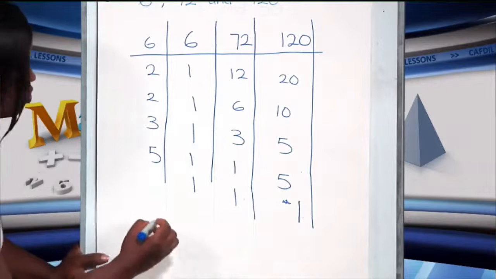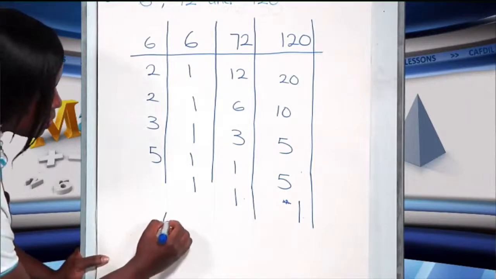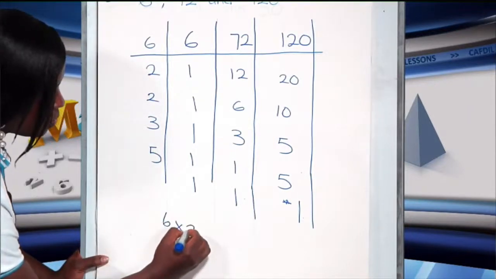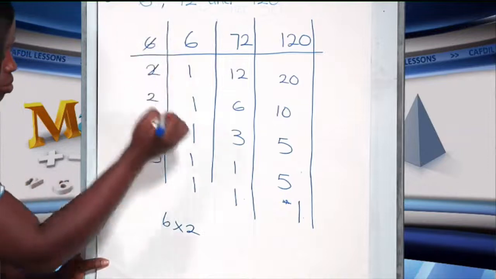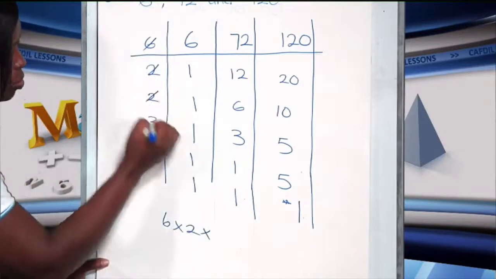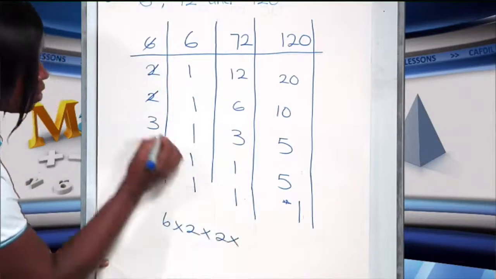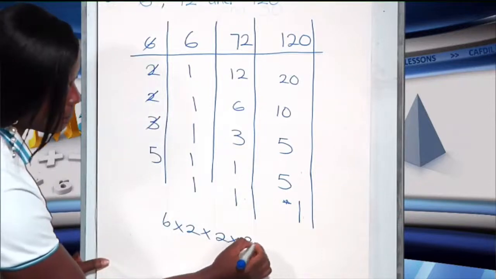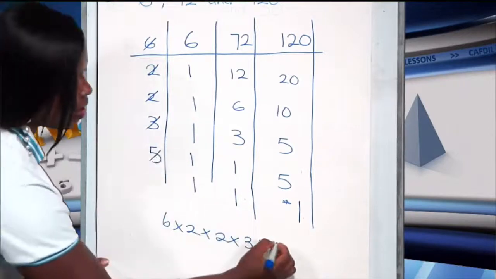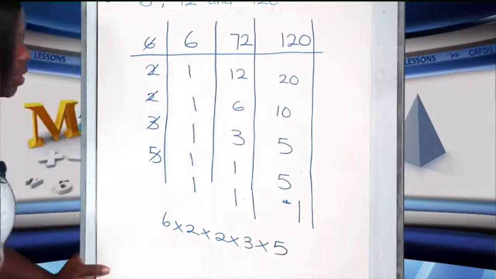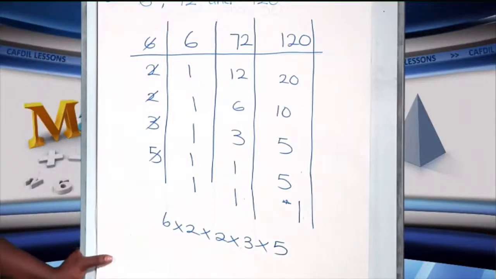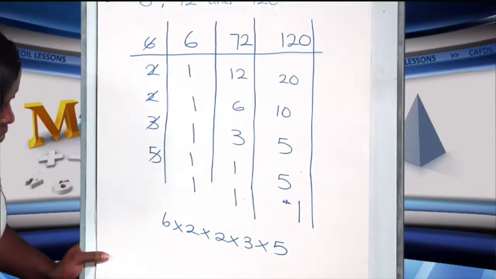So the LCM will be 6 times 2 times 2 times 3 times 5. And what is the answer? Let's do it small and see.